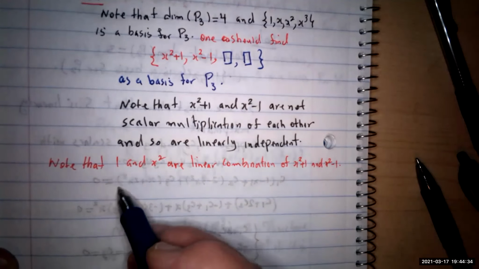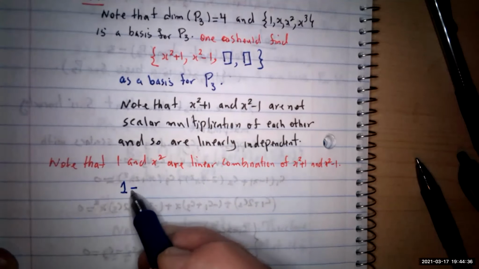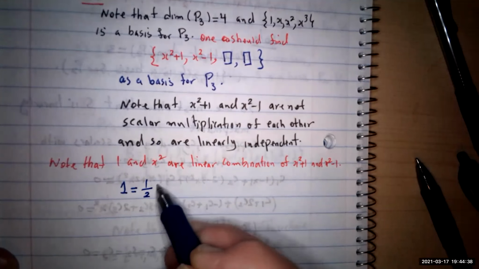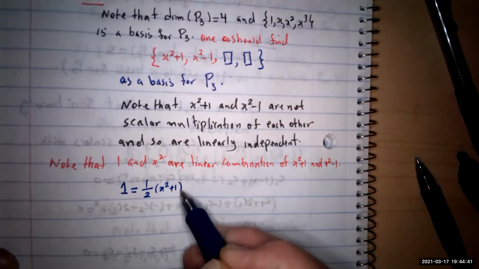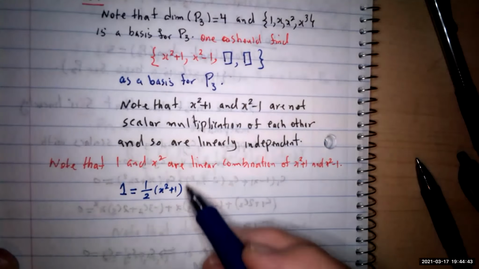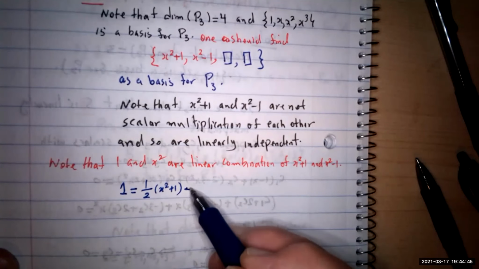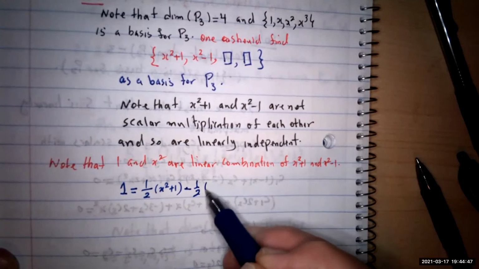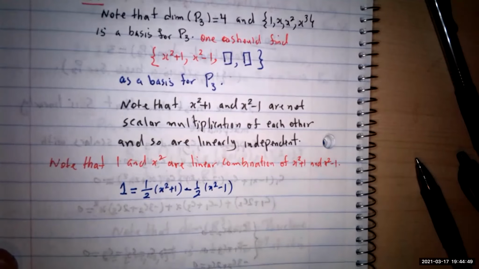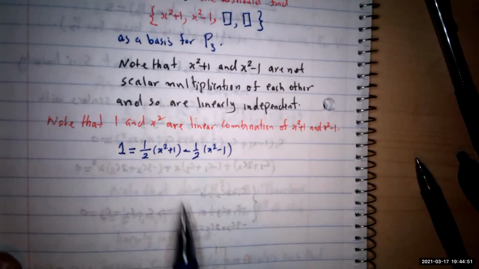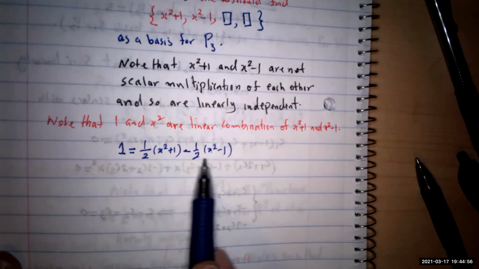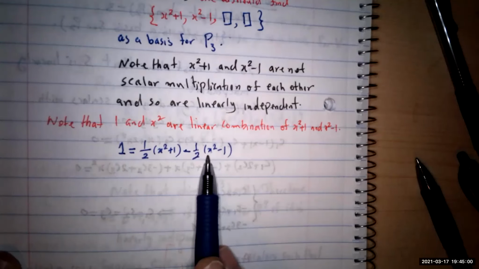If you want to get the 1, for example, you don't have to write it down. You see, 1 is what? It is 1/2 of x squared plus 1, plus 1/2 of x squared minus 1, with the sign worked out. If you distribute it, that gives you exactly 1, because 1/2 of x squared and negative 1/2 of x squared cancel out.